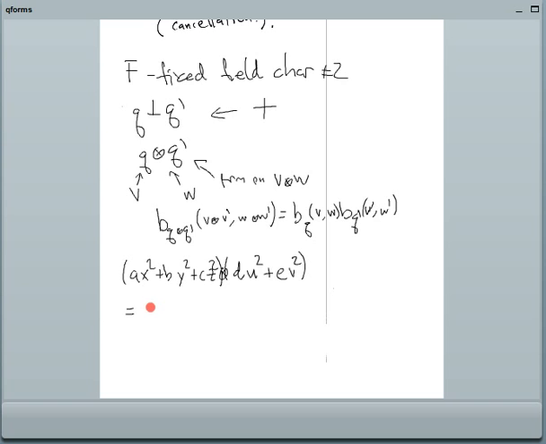The new form is going to look like AD times, I'll use capital letters for my new variables, X squared, plus AE Y squared, plus BD Z squared, plus all combinations of pairs of vectors, where this capital X would correspond to X tensor U in this case.